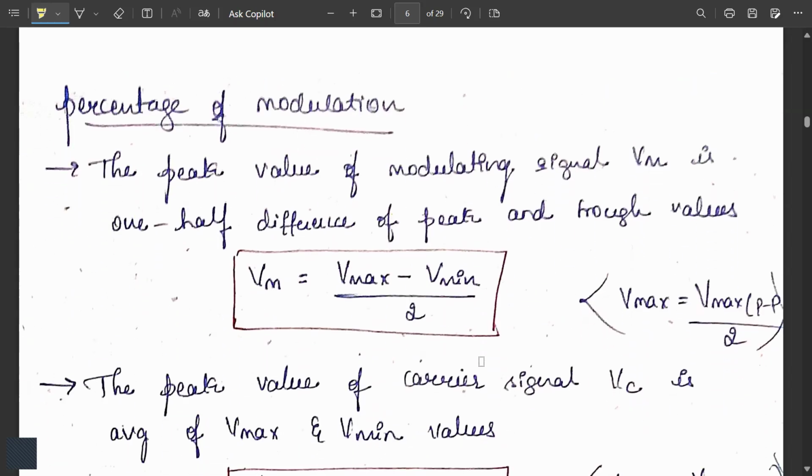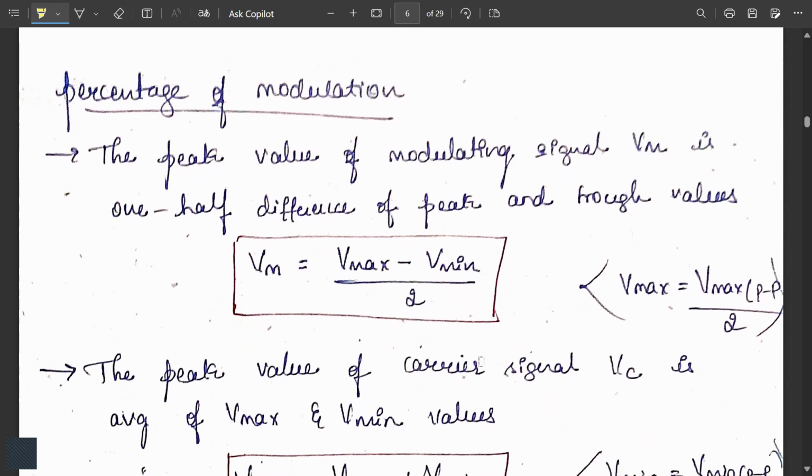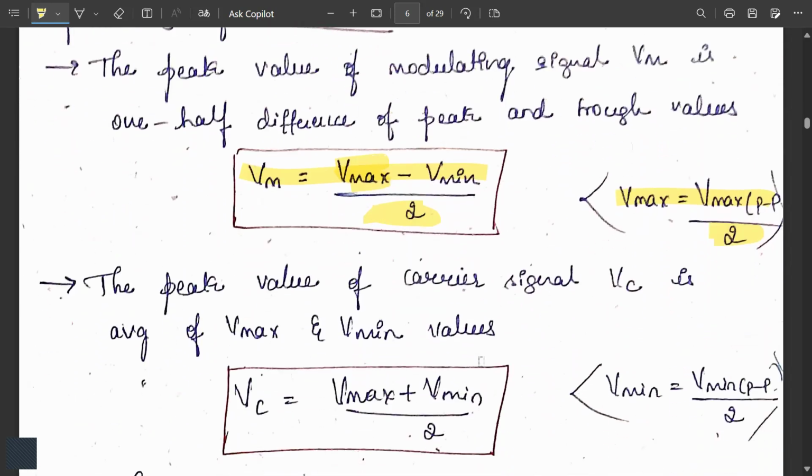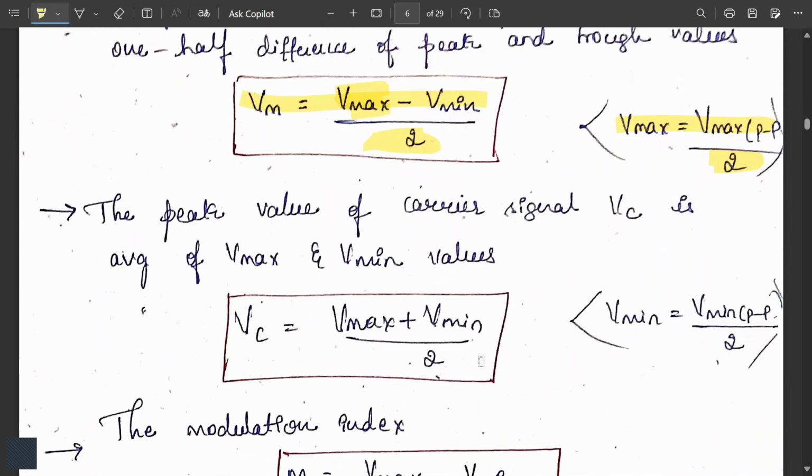Next concept, along with that is the percentage of modulation. The peak value of the modulating signal Vm is 1/2 the difference of the peak and the trough values. So you can write Vm is equal to Vmax minus Vmin divided by 2. So Vmax is given by what? Vmax is equal to V maximum peak to peak divided by 2. The peak value of the carrier signal Vc is the average of what?